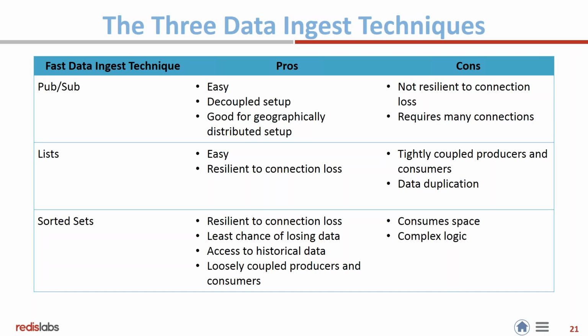Now, there are some disadvantages with PubSub. It's not resilient to connection loss. So if you have a weak network, or if you lose connections, you lose messages, and the messages are not stored for you if you want to retrieve them later on. And also, each subscriber requires a connection.